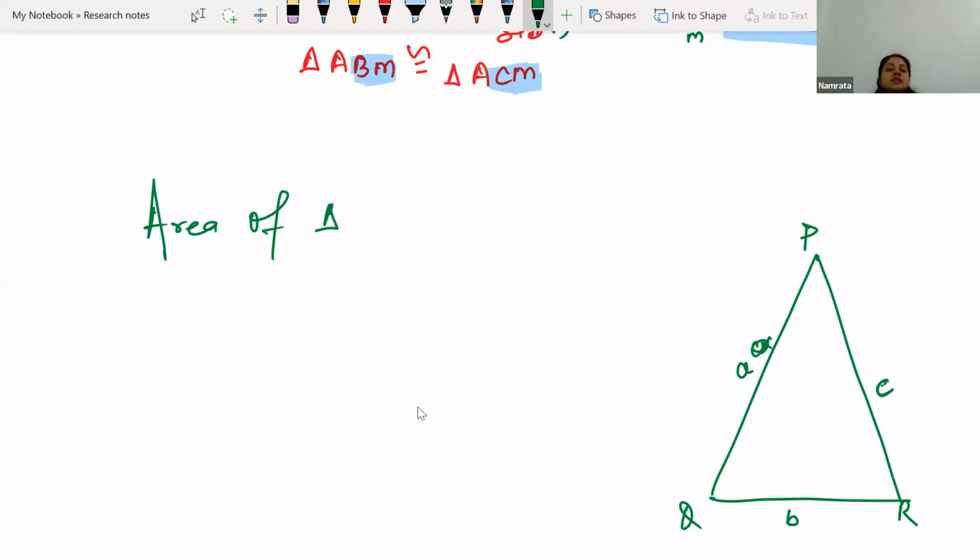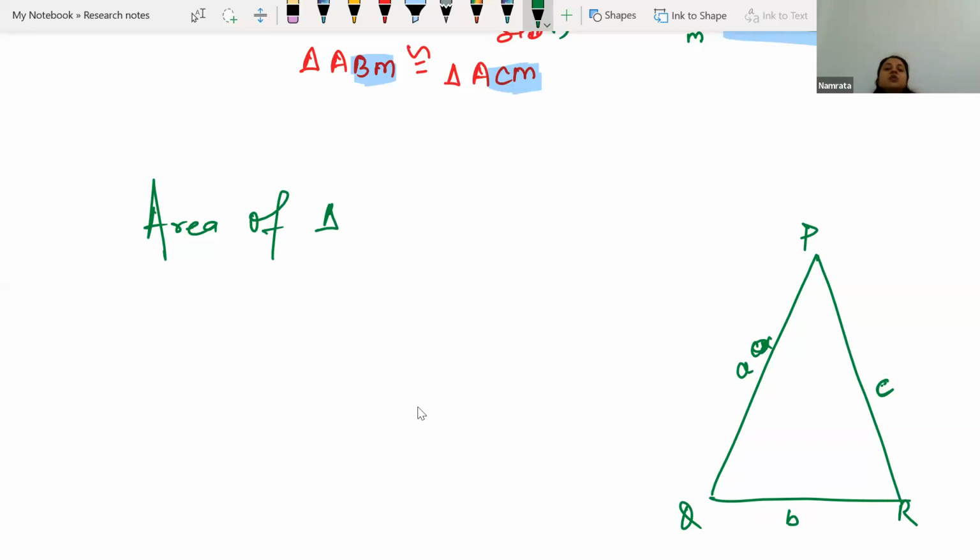What are these a, b, c? They are small letters, the measurements of the sides. Just like a can be 5 centimeter, 4 centimeter, 3 centimeter, 12 centimeter, anything. a is just the length of the side, b is just the length of the side, and c is also just the length of the side. We write it with a small letter.